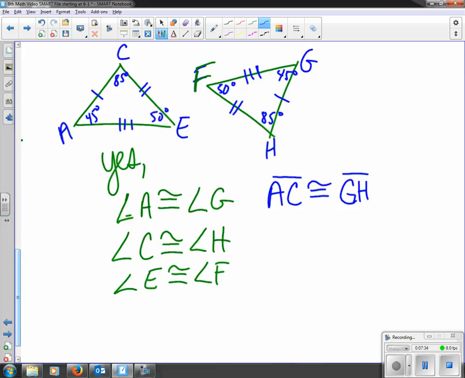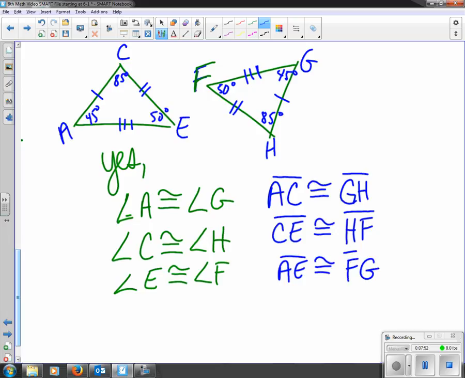Okay, line segment CE is congruent with line segment HF. Okay, and then line segment AE is congruent with line segment FG. Okay, you pick which one you want to write.